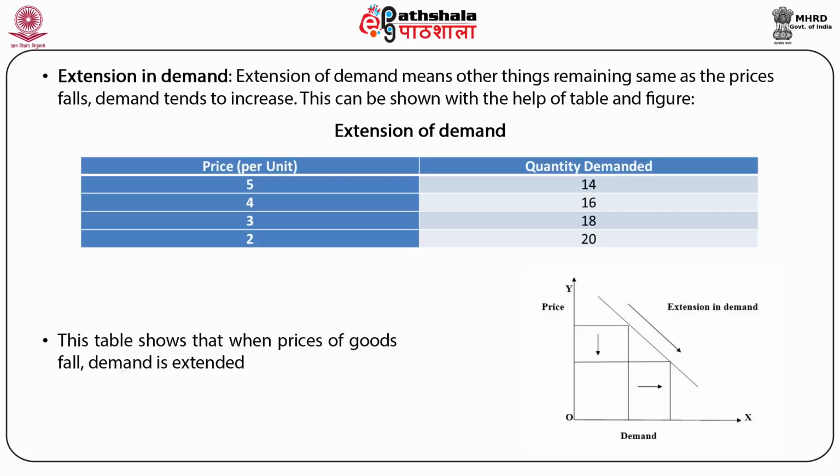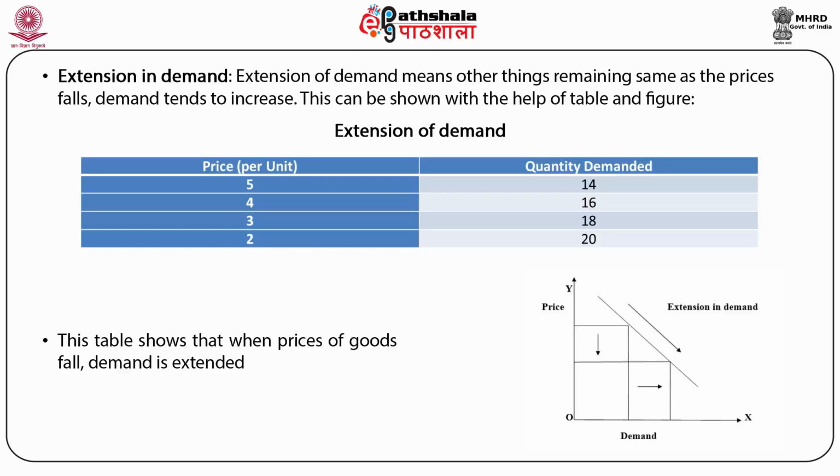When the price of the commodity is 5, quantity demanded is 14. As price goes down to 4, quantity demanded increases from 14 to 16. And when price goes to 2, quantity demanded increases to 20. It can be shown with the help of the following figure also.